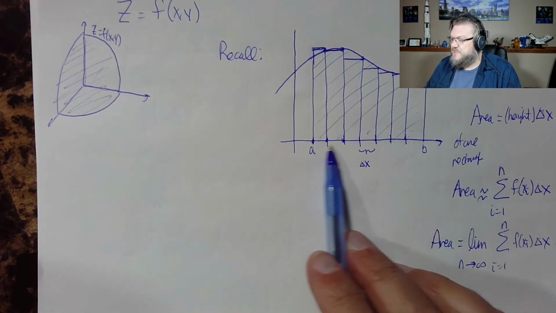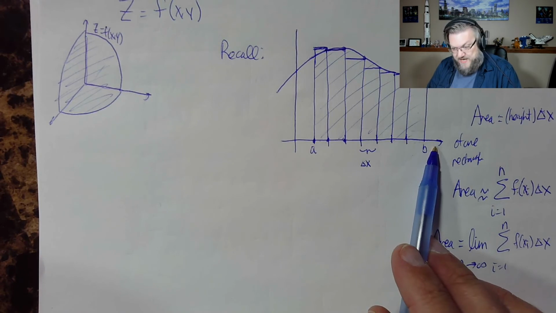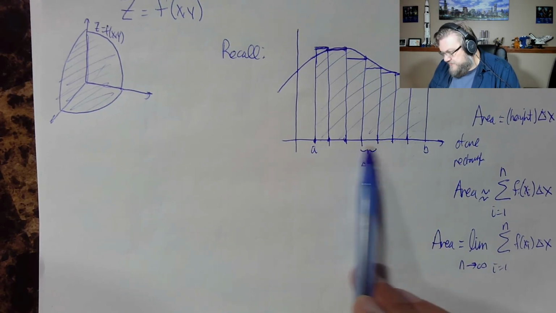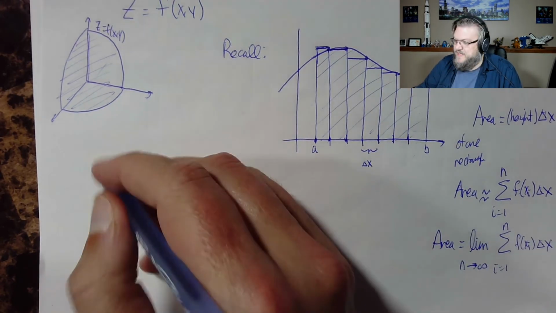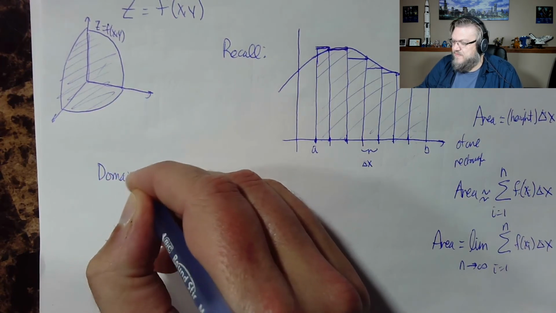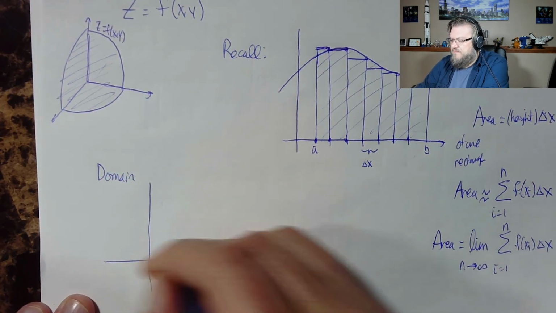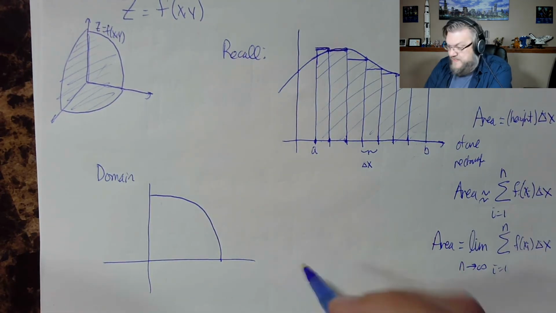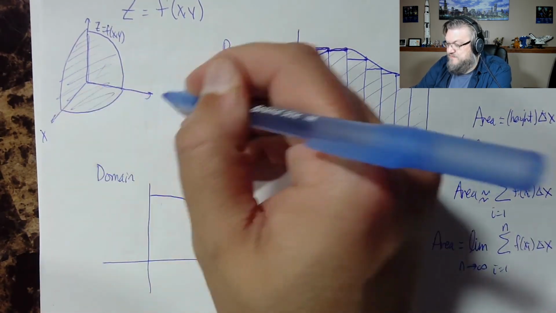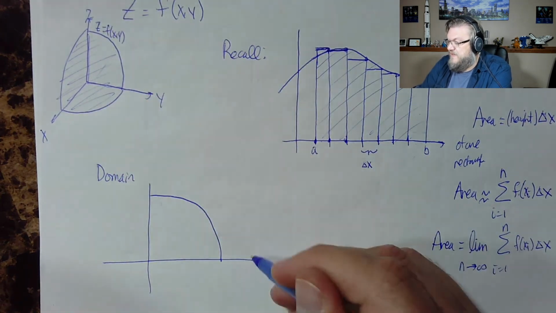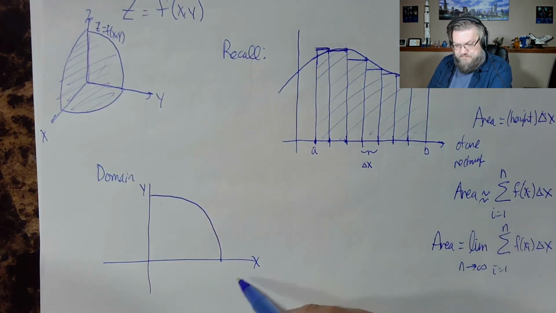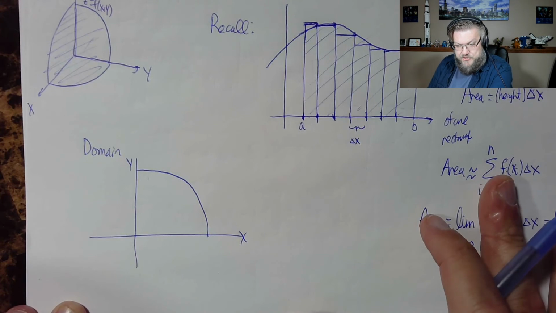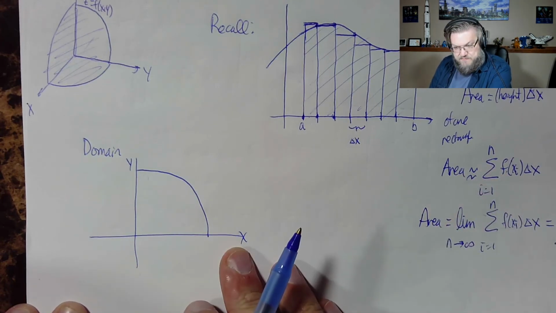So the first thing we did here was partition the domain. In Calc 1, the domain was one-dimensional. In Calc 3, my domain is now two-dimensional. It's like a grid. If I looked at the top view of this, I would see something that looked like this. So what I want to do is chop this into pieces.